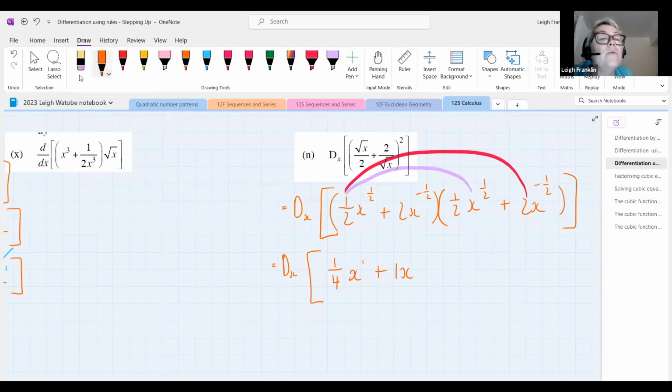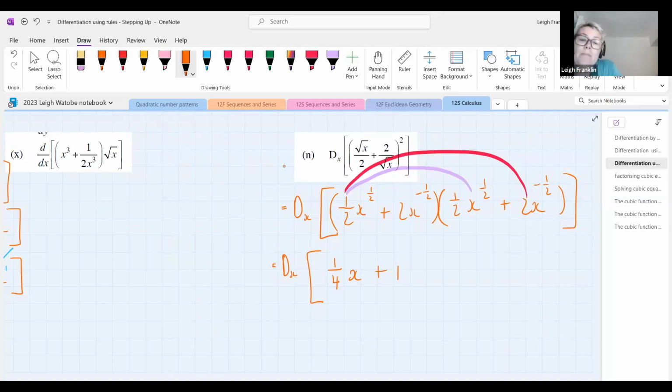So, where were we? Okay, so a half times 2 will leave us with 1. And then when we multiply like bases, we add our exponents. Okay, so now there's a problem, right?